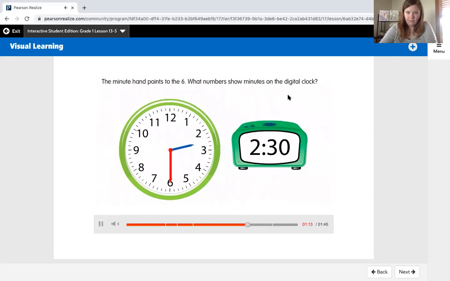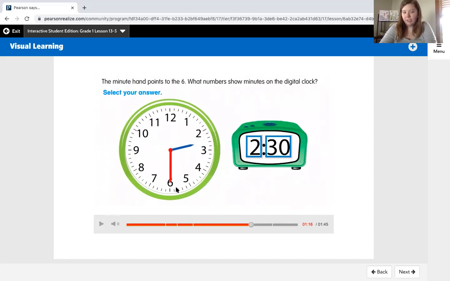What numbers show minutes on the digital clock? Select your answer. So when we look at our digital clock, we know that the spot before the two dots, or the colon, is the hour, and over here is the minutes. When we were looking at hours, it would say 2:00, and we knew that meant 2 o'clock.